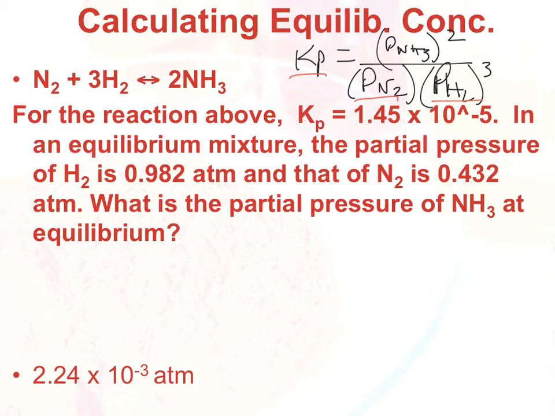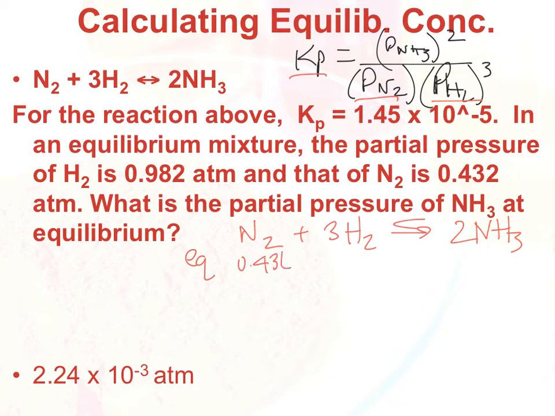What we have here are our equilibrium values for each of the following. At equilibrium, we know that we have 0.432 atm, 0.982 atm, and the partial pressure of NH3 is what we're solving for. So we can plug these values into our equilibrium expression.